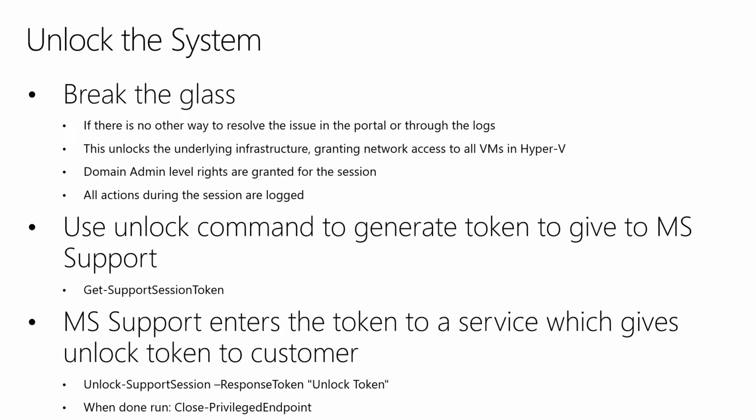This token is then handed over to the Microsoft support, and they will give you a challenge response you can use for Unlock-SupportSession together with the unlock token, and this will unlock the privileged endpoint.